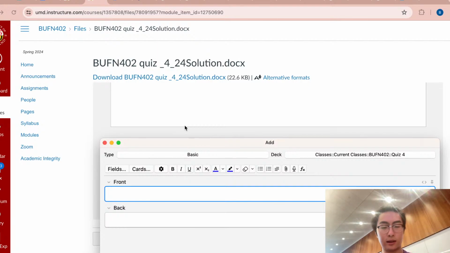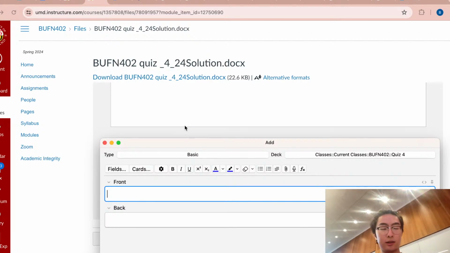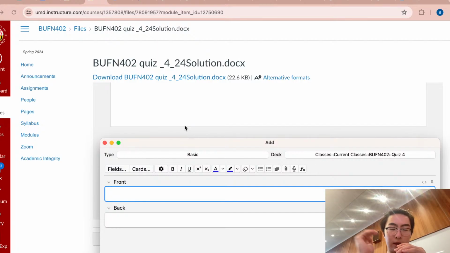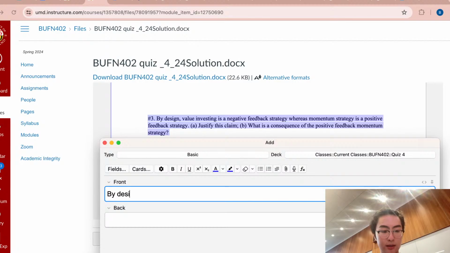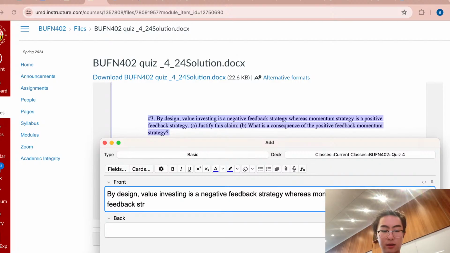And then in a positive or destabilizing strategy, if it goes up, then you keep going up. You keep adding to your position. Okay, so by design, value investing is a negative feedback strategy, whereas momentum strategy is a positive feedback strategy.